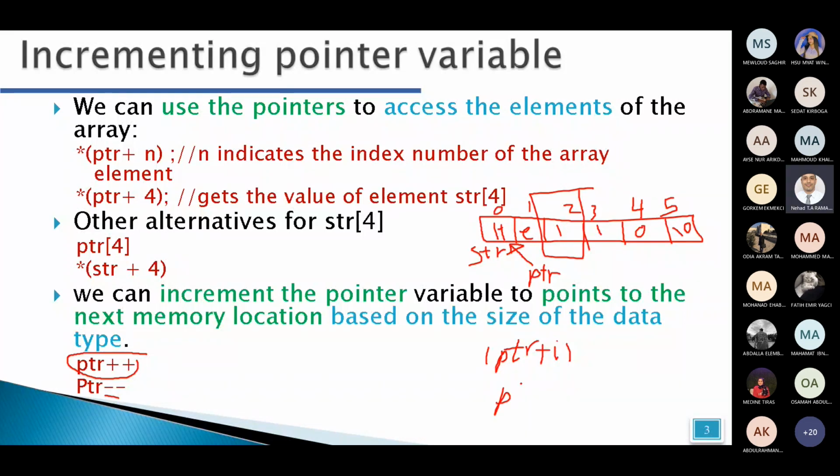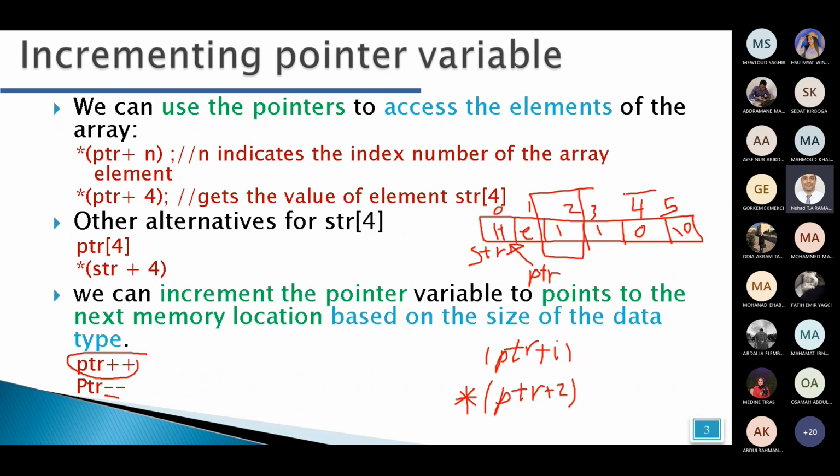It's ptr plus the index, which is 2, so plus 2. Here you point to the element. I need the value of the element. Value means star. So star ptr plus 2 means the value of the index 2 element, or element index 2, and so on.